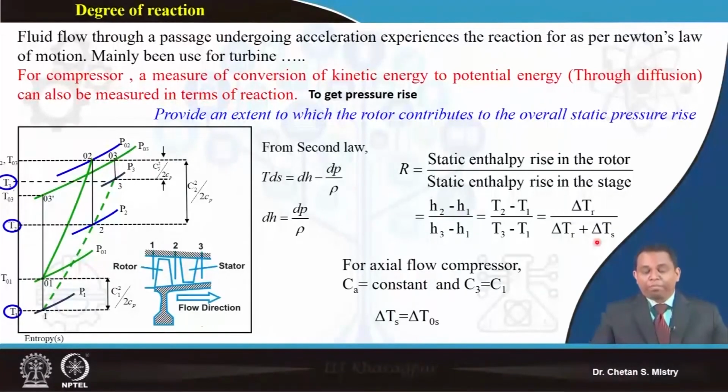For an axial flow compressor, we assume the axial velocity to be constant, and as I told you earlier, the entry absolute velocity and exit absolute velocity come out to be the same. So delta T for the stage is equal to delta T0 for the stage.